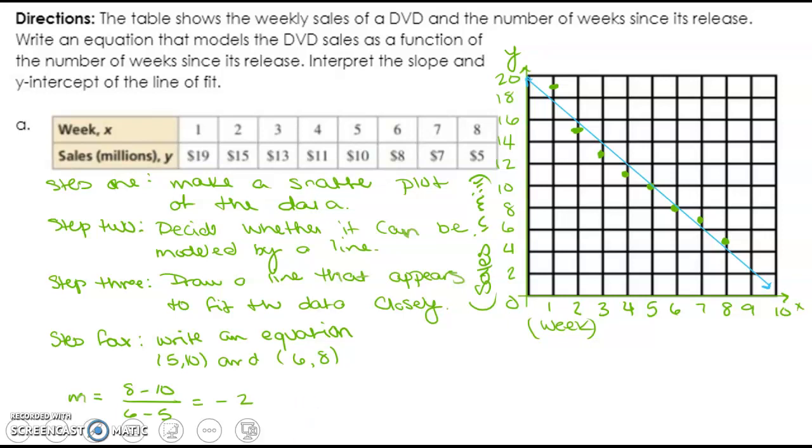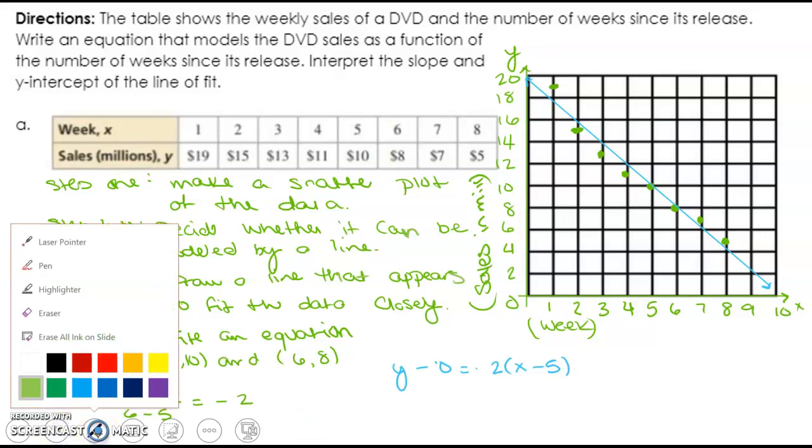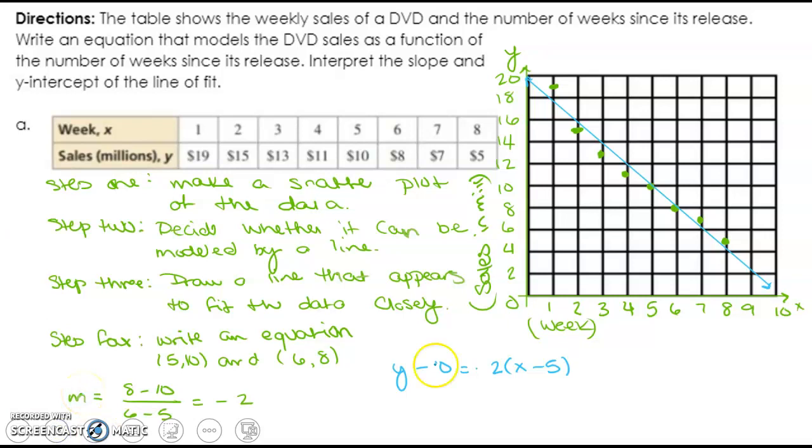So that's our slope. Now we want to take that and write it in an equation. I'm going to use point slope form here. Any of the points will work; you'll get the same thing. I used 5, 10 for my point and plugged it into my point slope formula. So I have y minus 10 equals negative 2 in parentheses x minus 5.